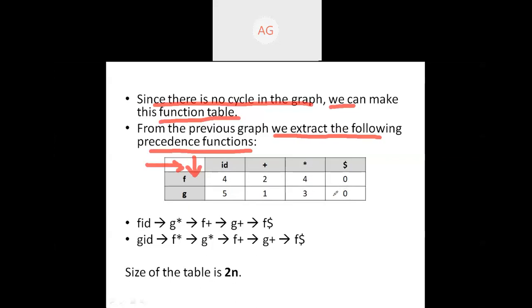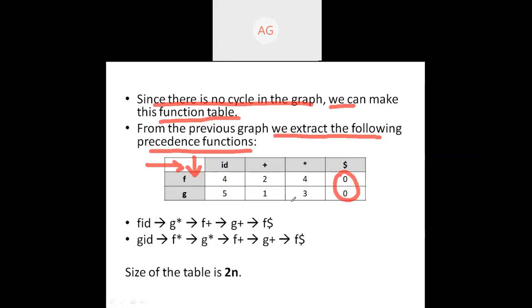First we need to put 0 in the dollar entries, the f dollar entry and the g dollar entry. And now how are we going to fill the other entries?